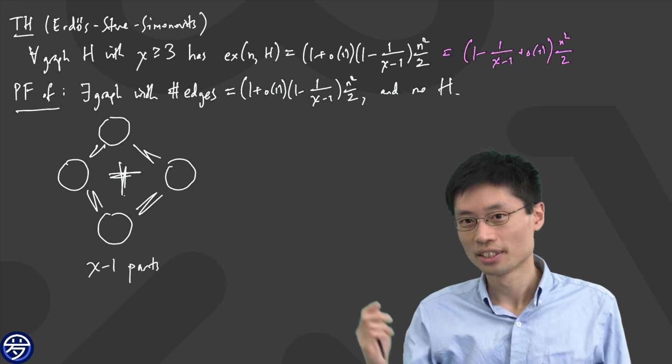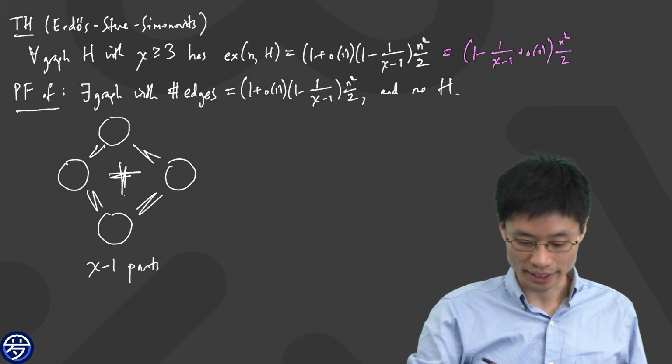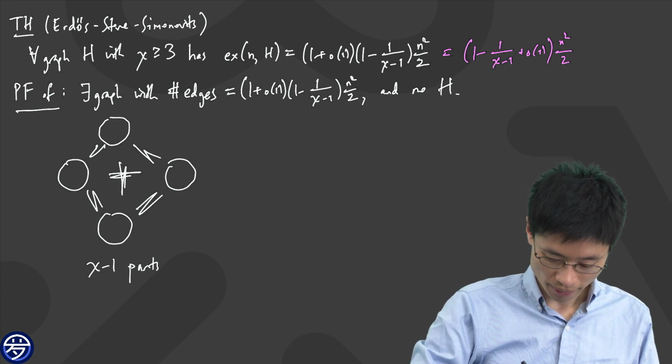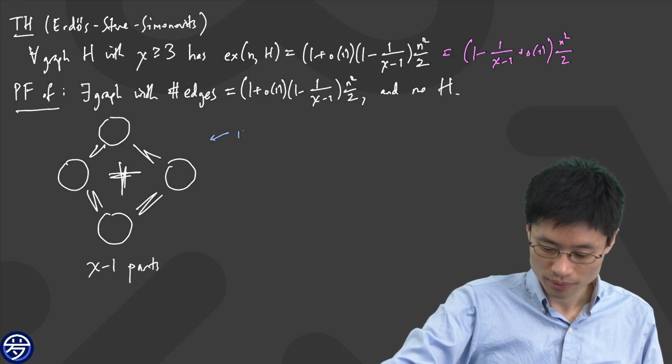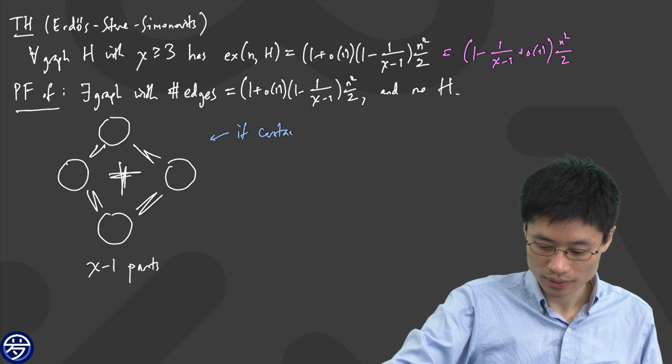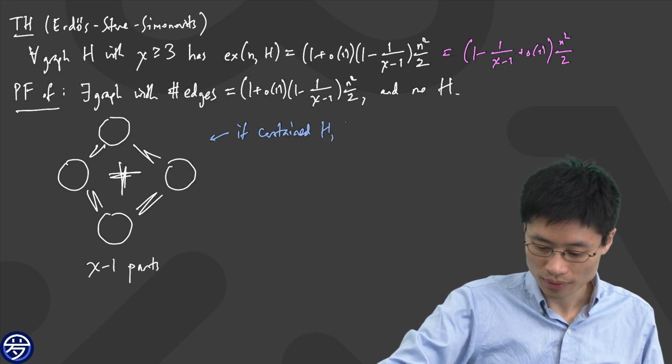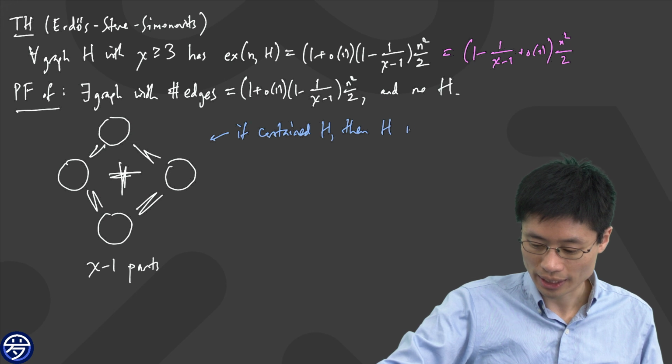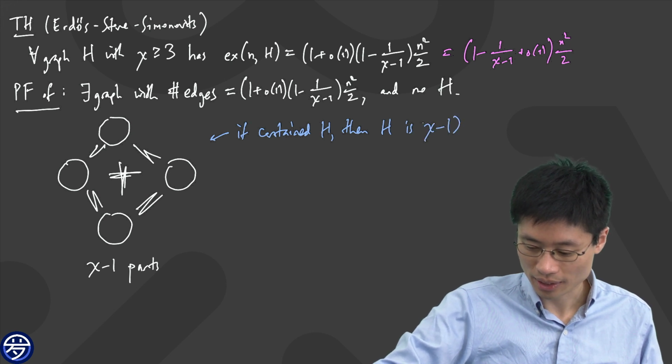On the other hand, if this contained h, then h is chi minus 1 colorable.